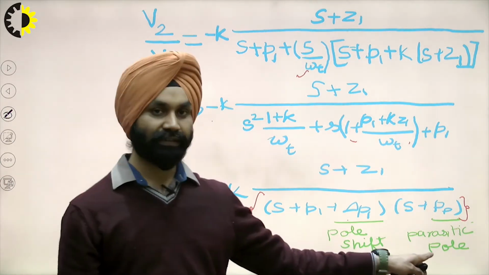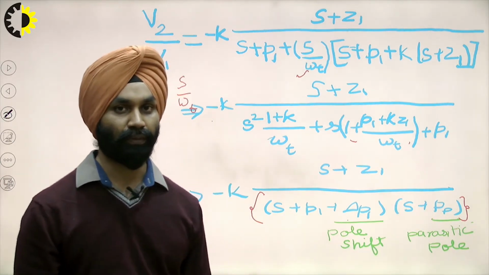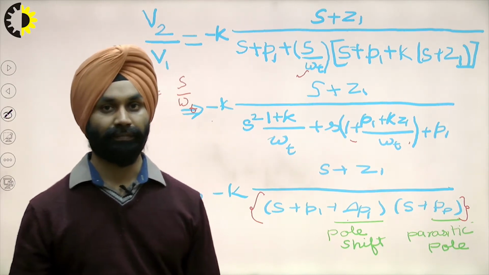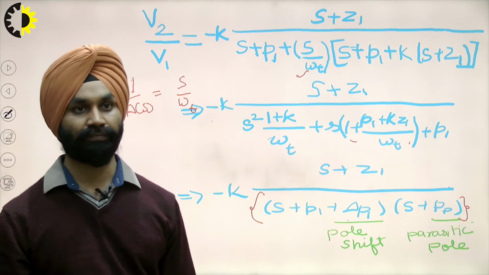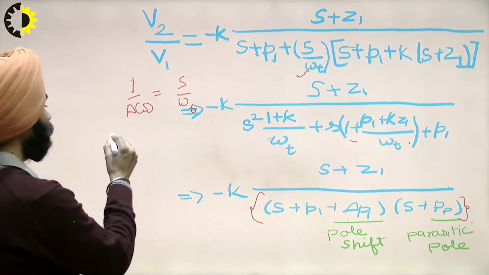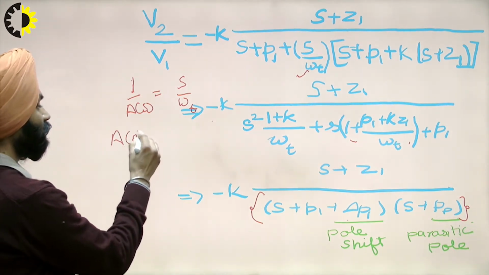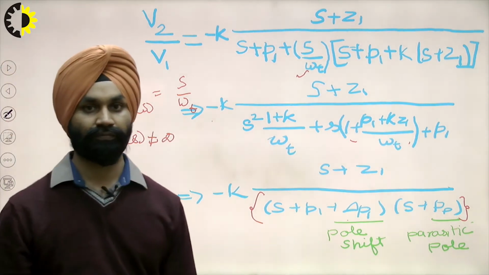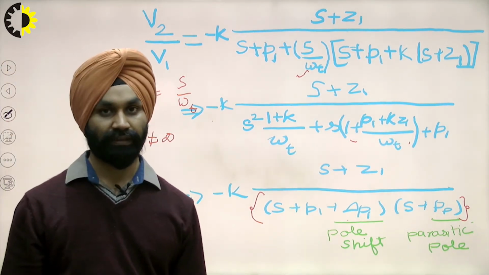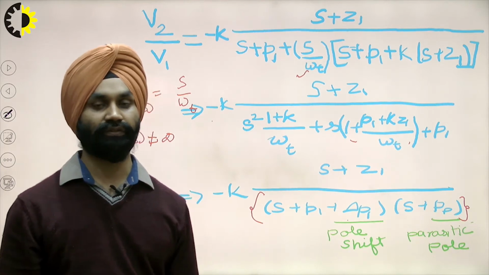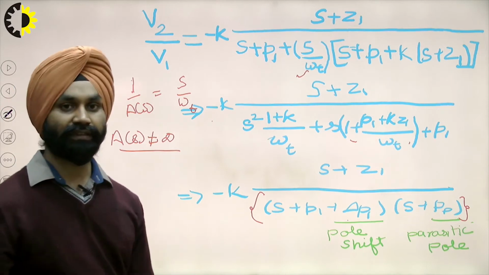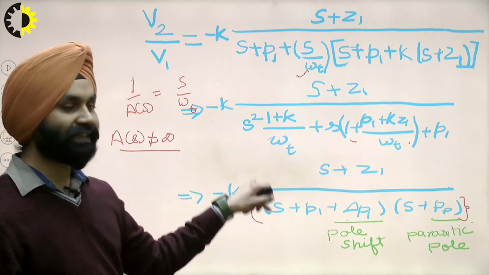Also another pole, the parasitic pole, comes into the picture with the non-ideal op-amp. This comes only when A(s) is not equal to infinity. The second observation with this condition, that A(s) is not equal to infinity, is that we have a second order filter.